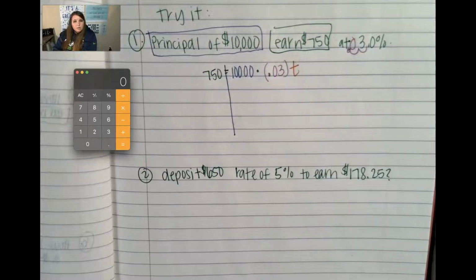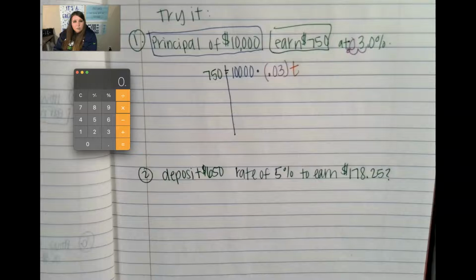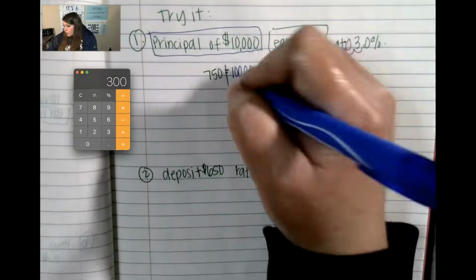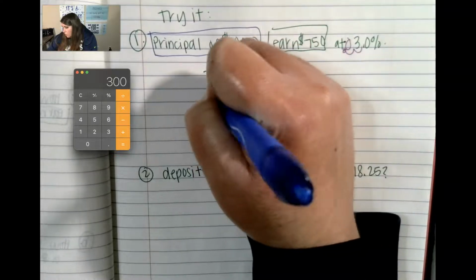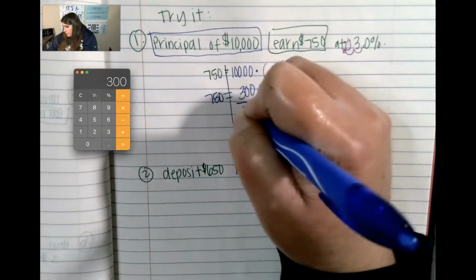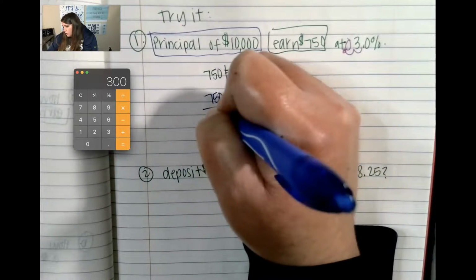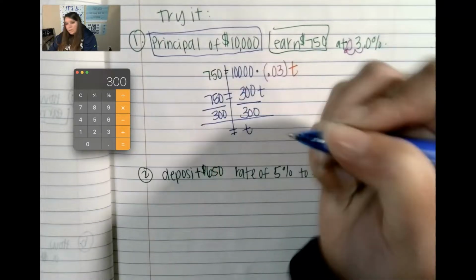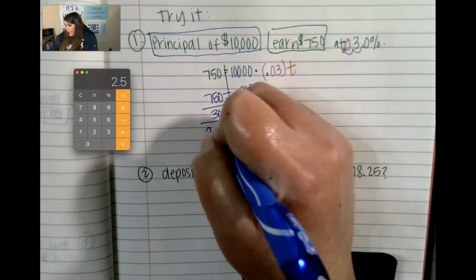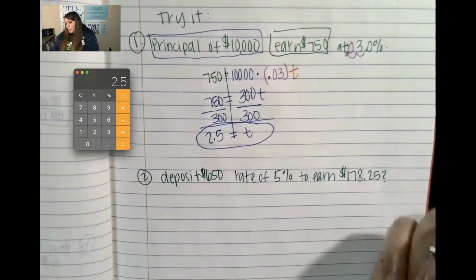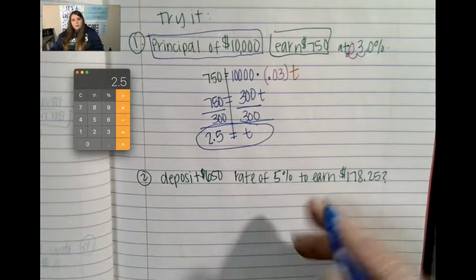So use your handy dandy calculator. 10,000 times 0.03, and that gives us 300 times t. Again, solving by isolating that variable, divide by 300, and time equals 750 divided by 300. That gives us a grand total of 2.5 years. So 2.5 years to earn $750.